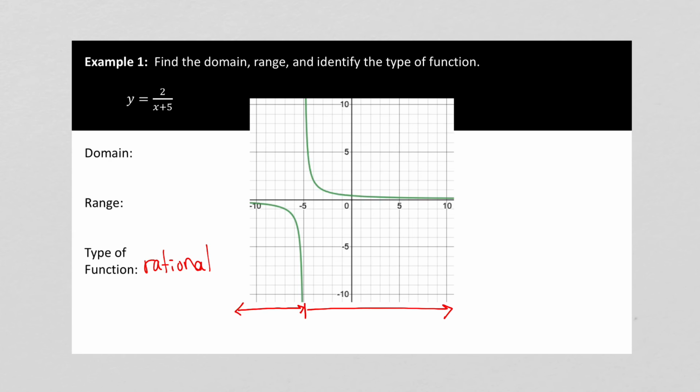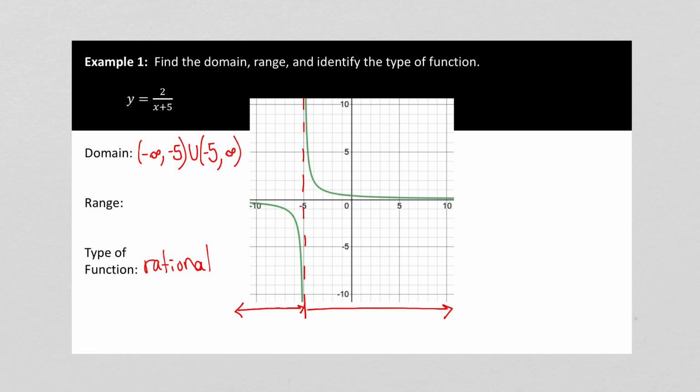So we are going to the left forever, negative infinity. But we're stopping before we get to negative 5. This is another case where we have an asymptote. In this case, it's a vertical asymptote, and we never quite get to negative 5. So we have to use a parenthesis. And then we're picking back up just to the right of negative 5, so not including, use a parenthesis, and going on to infinity.